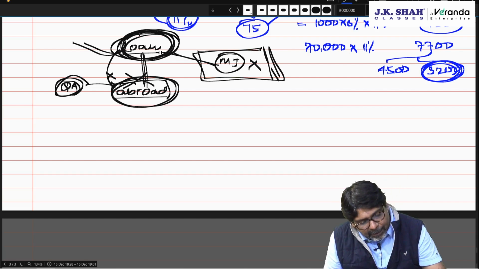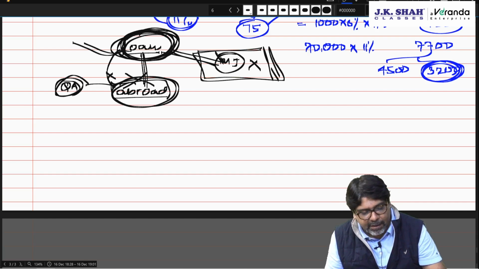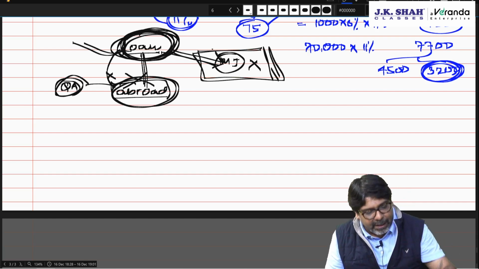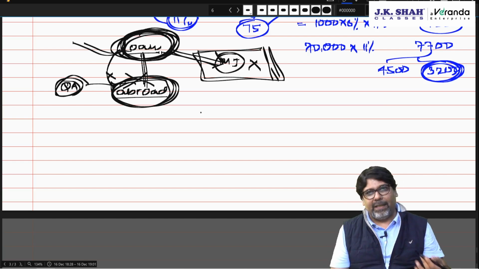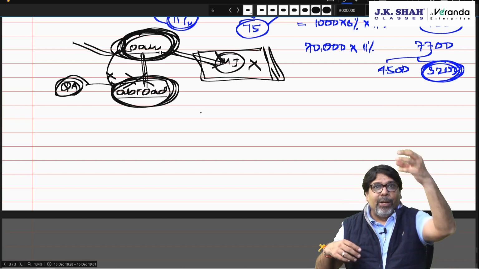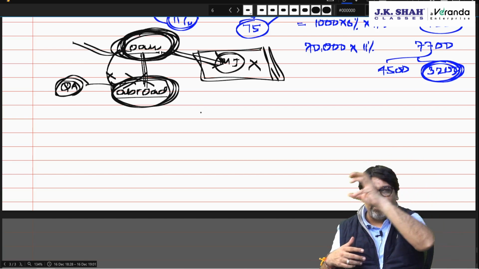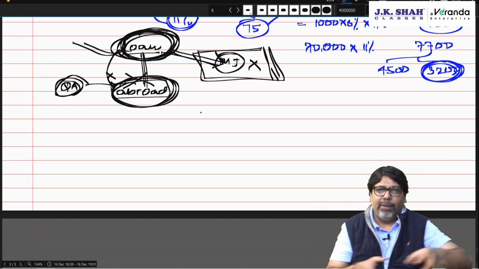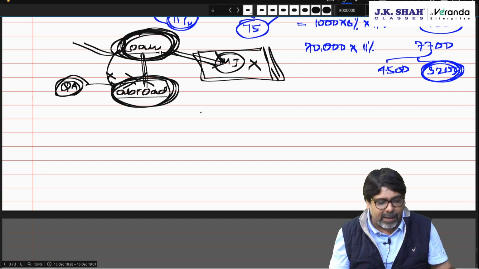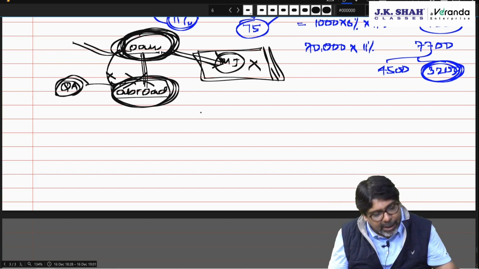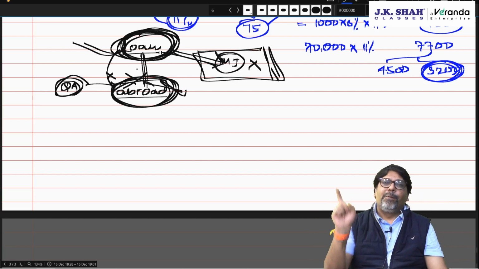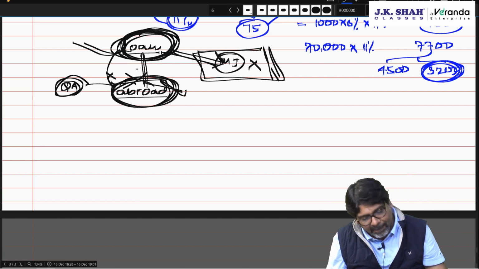So first you take the loan, purchase mother's jewelry, then from your own money you go abroad. It's one and the same. They are not saying the loan was taken and used for abroad, or the loan was taken and used for mother's jewelry and your own money used for abroad. Doesn't matter. The loan can be used for any purpose. You can capitalize it. So one-to-one matching is not required.